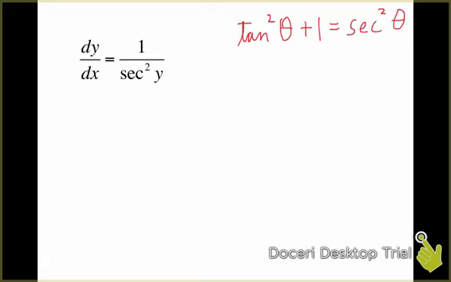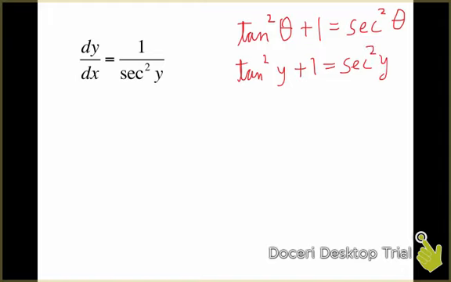And that comes from your trig identities, the Pythagorean identities, one of the first 3 identities that you get in trigonometry. Since theta is a dummy variable, if I wanted to replace theta with y, I would be able to do that with tan squared y plus 1 equals secant squared y.